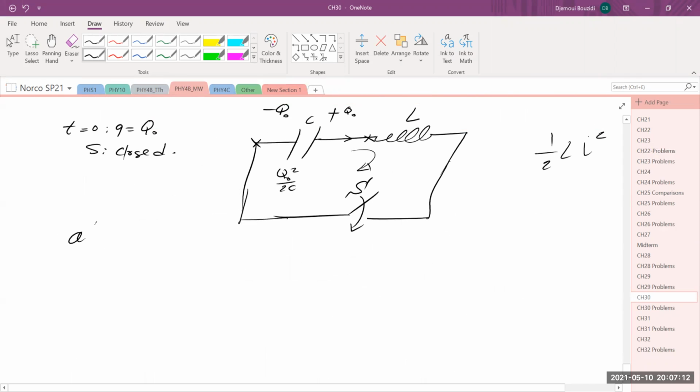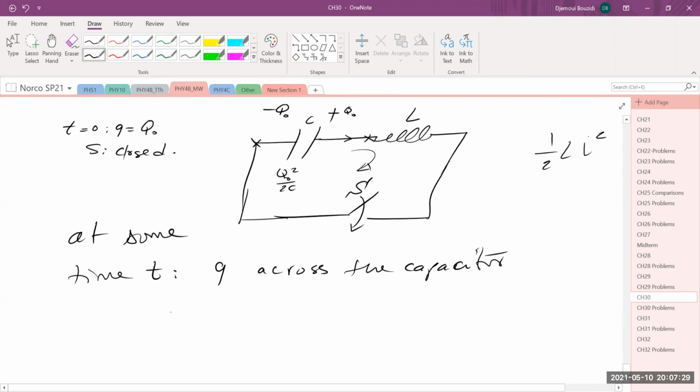So at some time t, Q is the charge across the capacitor. And I, so this is a time-dependent function, and this is also a time-dependent function.